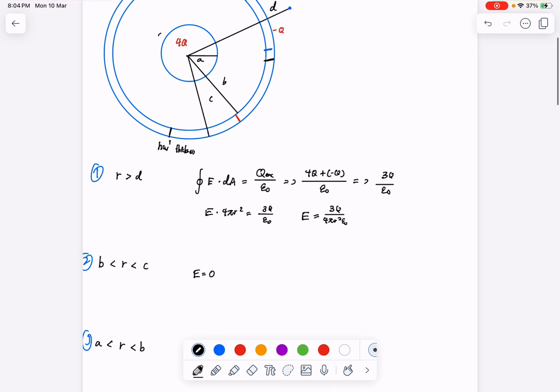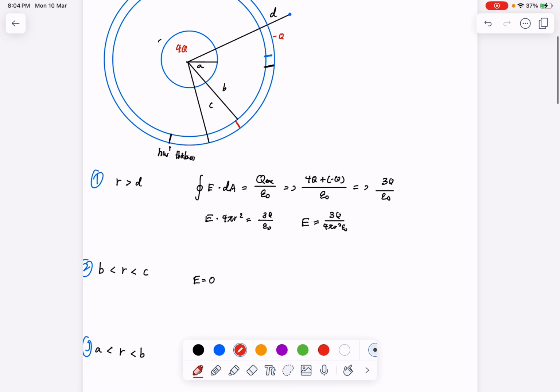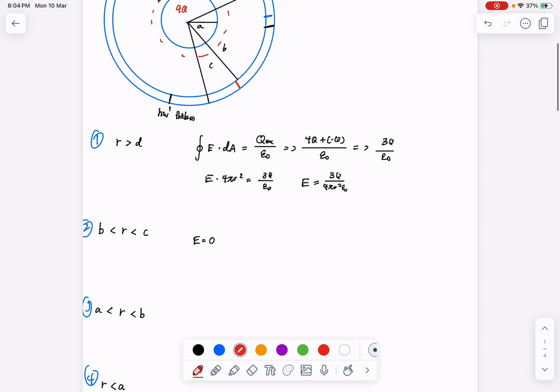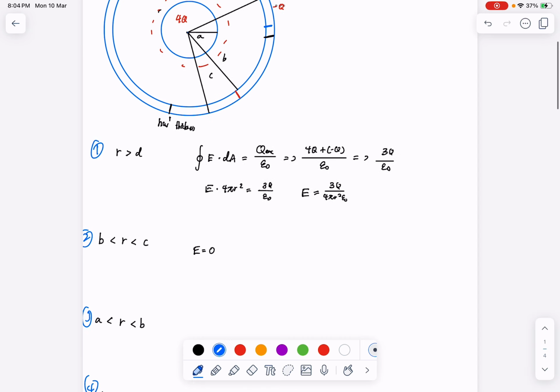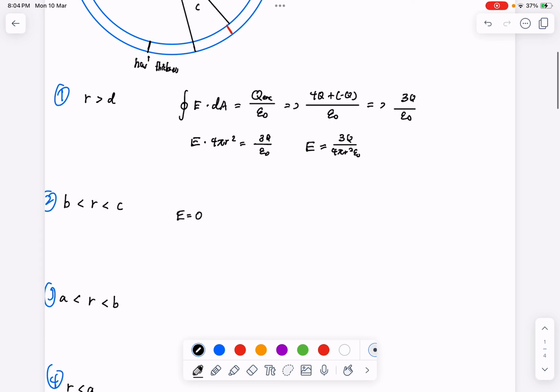What about between A and B? If we draw a Gaussian surface right here, it's enclosing 4q. So we could do the same thing we did in region 1. The integral of E dot dA equals the net charge enclosed divided by epsilon naught.